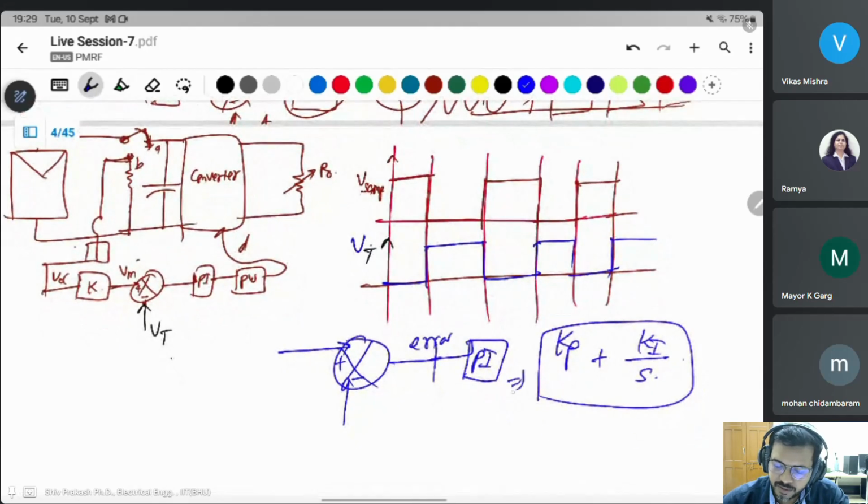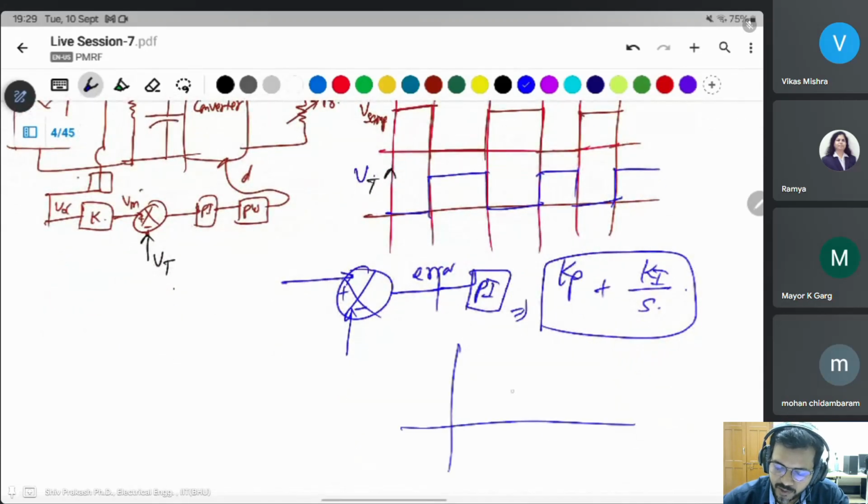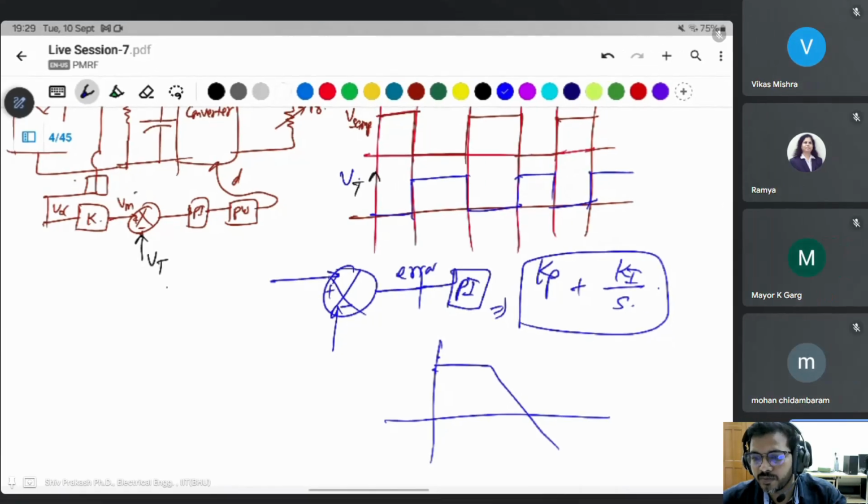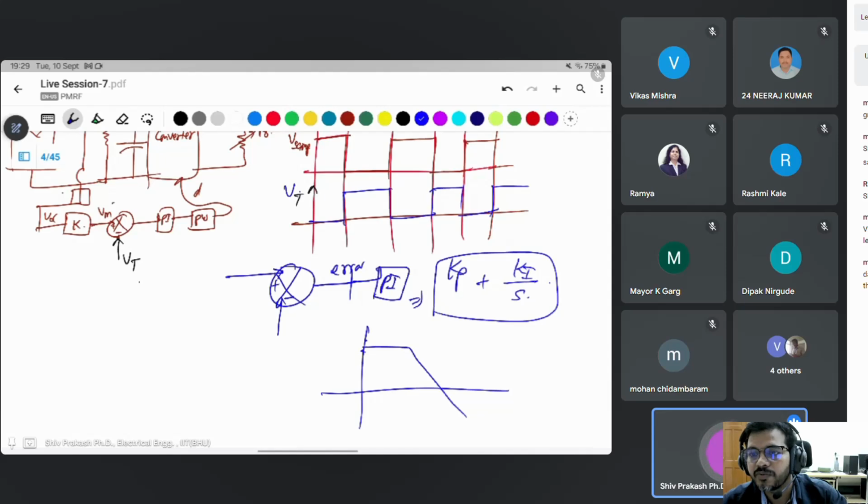The gains of this are set to track the maximum power, so it should be a constant. Someone is asking about a doubt: VM is VT at the maximum power point, and K should be less than 1.